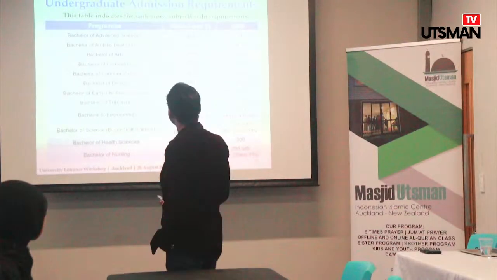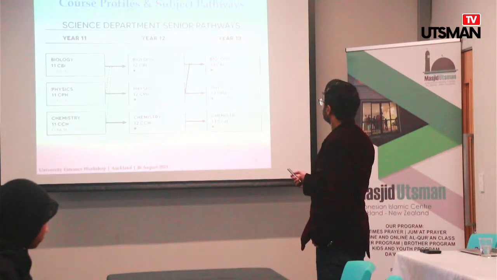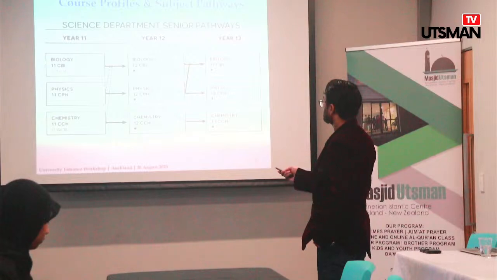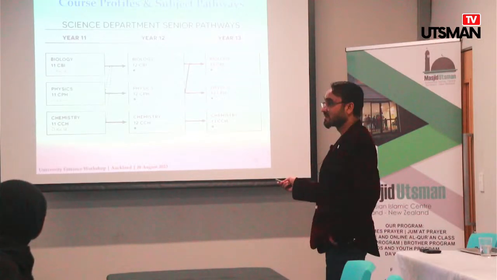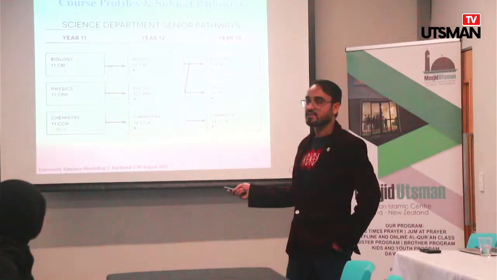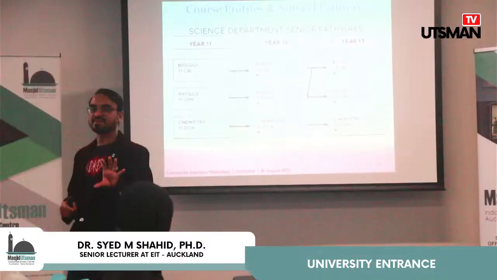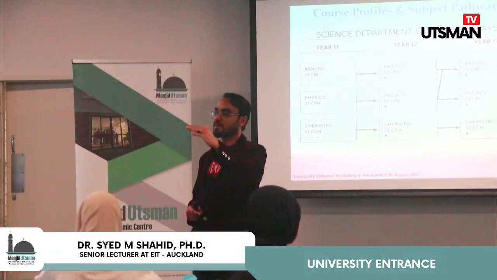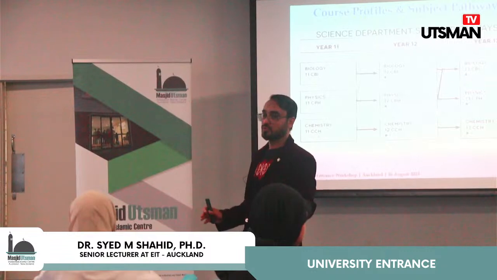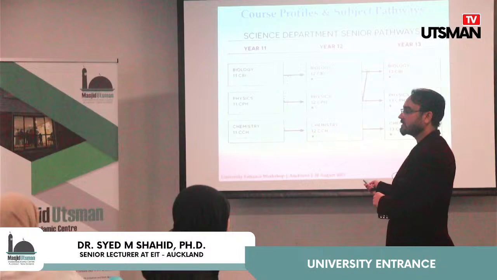One more thing before I move forward. If you look into this, there are no more pathways available for IGCSE students. This is another deficiency, I would say. If you do NCEA, in year 11 you take science, and then you can move into biology, chemistry, physics, all 3 science subjects, and mathematics also. But in Cambridge, you take biology, you go into biology.